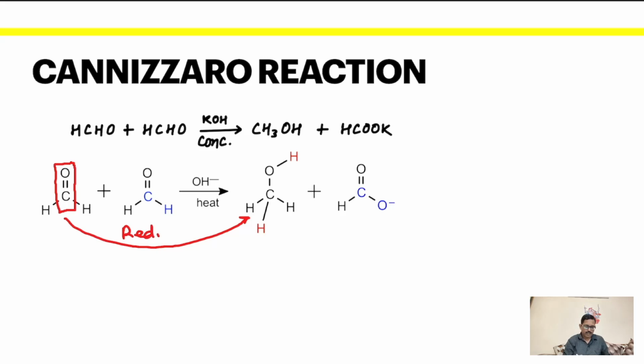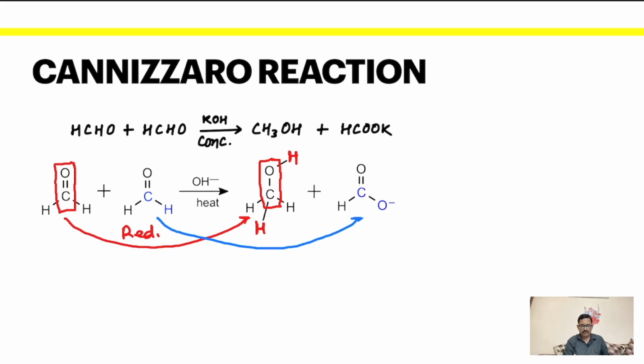In reduction, the C=O bond is broken into a single bond and the two different valencies are satisfied by a hydrogen atom on carbon and on oxygen respectively. This process is called reduction.